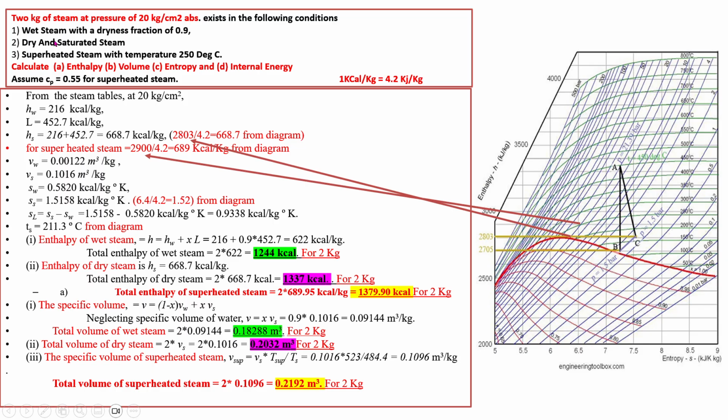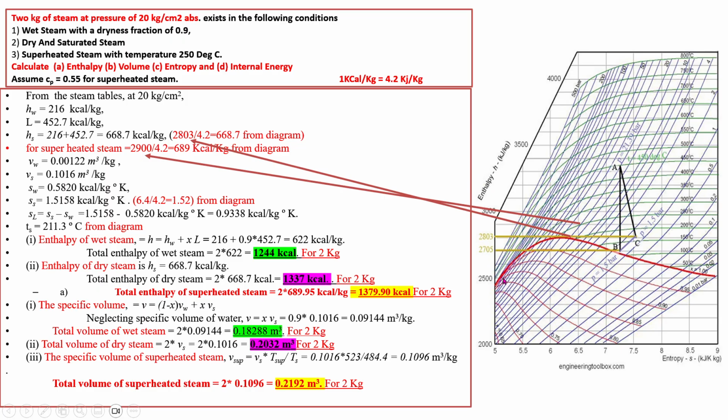Now we have to calculate the enthalpy of wet steam, dry saturated steam and superheated steam, similarly the specific volume, the entropy, and the internal energy of wet steam, dry steam and superheated steam. For that we have to assume Cp, the specific heat at constant pressure, is equal to 0.55 for superheated steam.